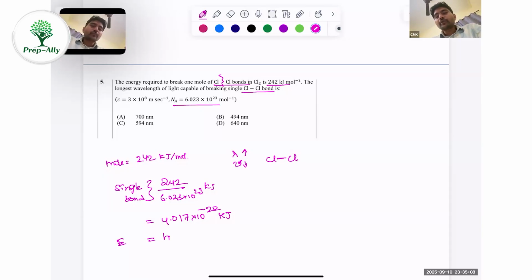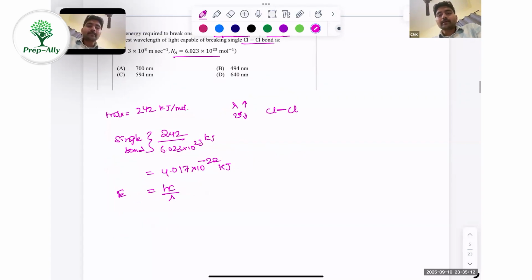Energy is equal to hc by lambda. Energy E value is 4.017 into 10 to the power of minus 22. H is Planck's constant, 6.626 into 10 to the power of minus 34. Light velocity is 3 into 10 to the power of 8. Lambda value we need to find.